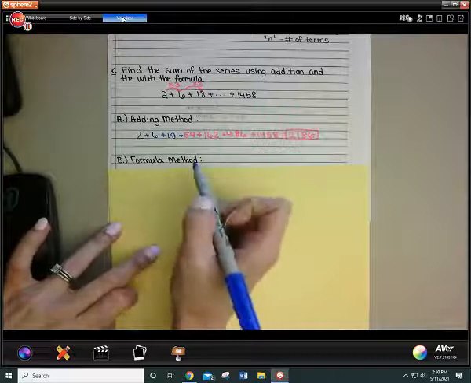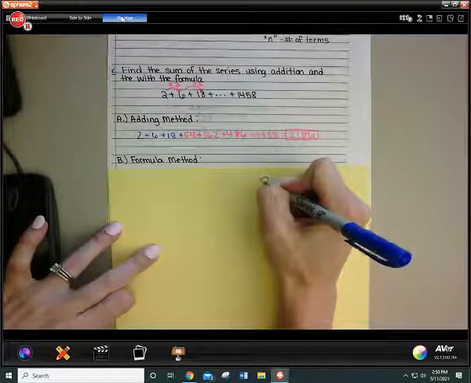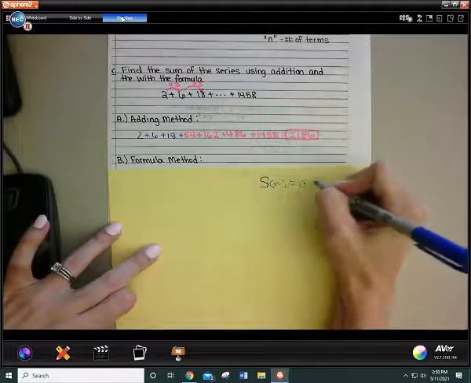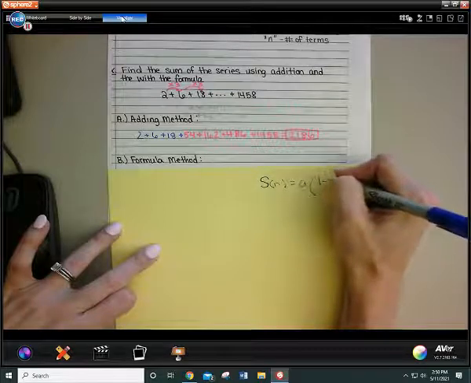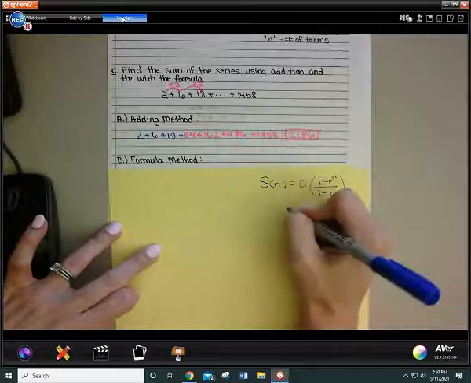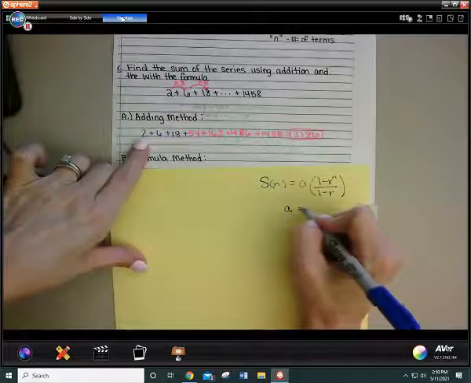So first of all, if I want to use the formula to find the sum of the first n terms, which is a times 1 minus r to the n over 1 minus r, then I need to know what the a is, which I know is 2.